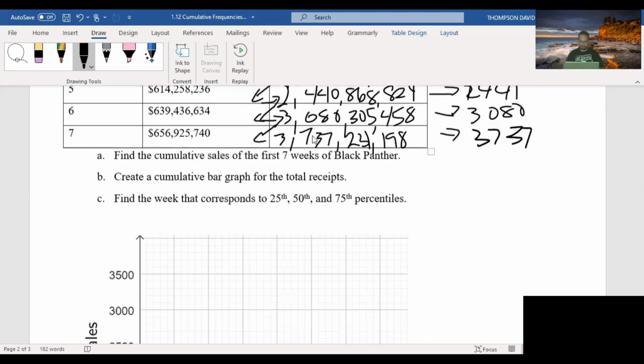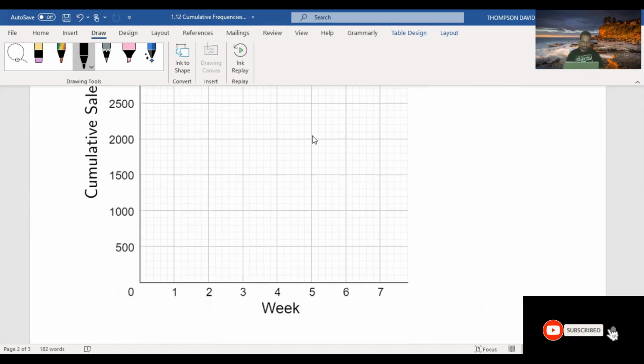So first one's 292. Can't quite see it, but we're going to estimate, and we're going to fill it in. And keep in mind, bar graphs don't touch, so I need to erase this a little bit so I have room to get the next bar in. We'll use pink for Breast Cancer Awareness Month.